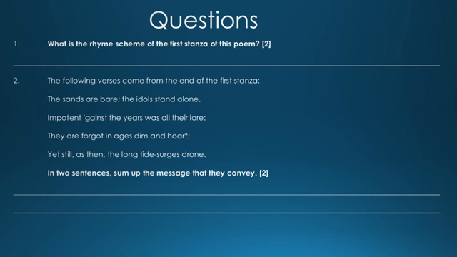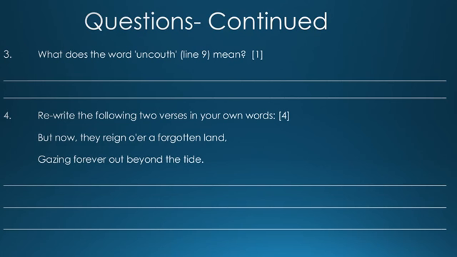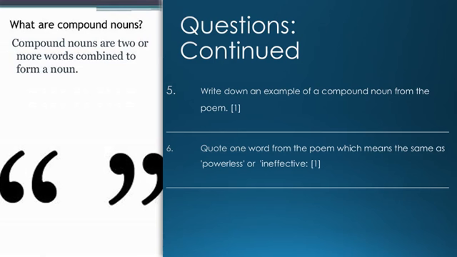Okay, so based off what I explained to you while going through the poem, you need to say in your own words what this poet is busy saying with these few lines. 3. What does the word uncouth in line 9 mean? I did explain that to you. 4. Rewrite the following 2 verses in your own words. But now they reign over a forgotten land, gazing forever out beyond the tide. I discussed that with you as well, so just go through it.